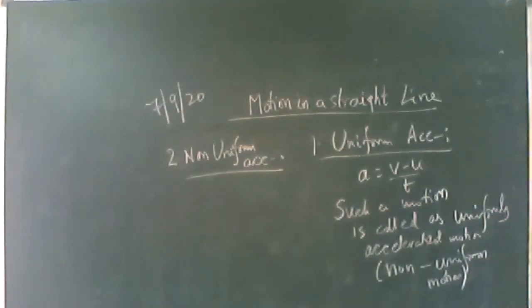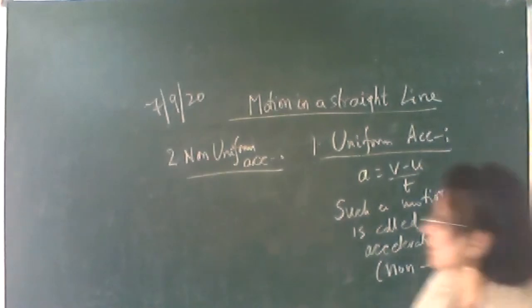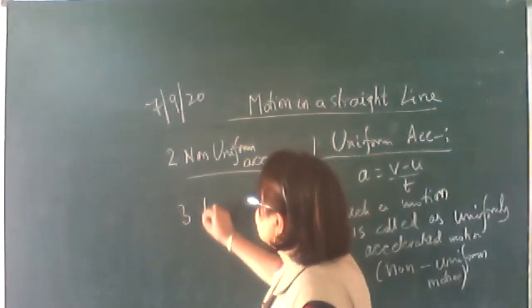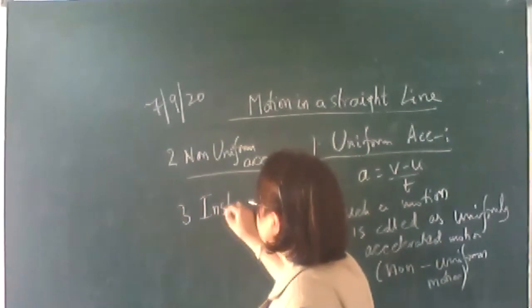Okay, this non-uniformly accelerated motion is also non-uniform motion only. If the body is moving with a constant acceleration or variable acceleration, the motion is not uniform. Okay, then the third is instantaneous acceleration.